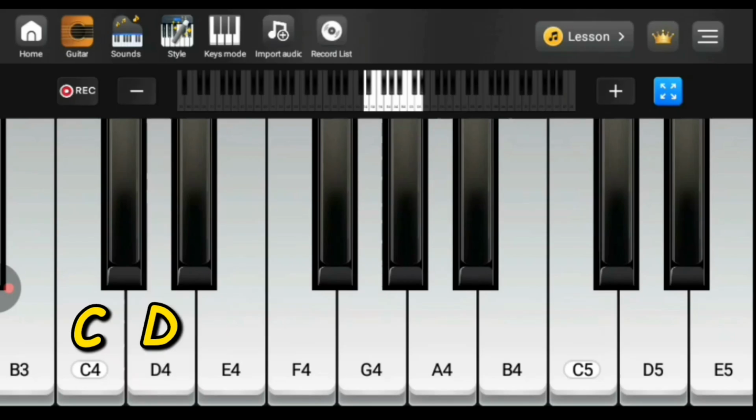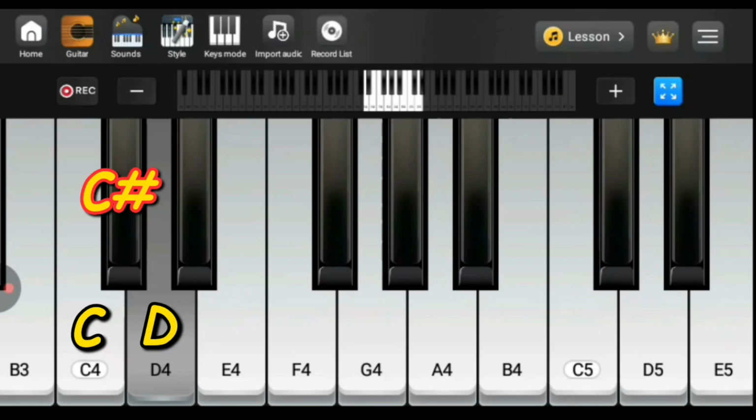Let's see that. This is C. From C to C sharp is a half step, which is one half step. From C sharp to D is another half step, which is the second half step. So when you combine the first half step with the second half step, it gives you a whole step.